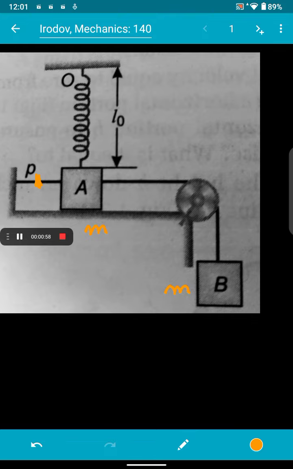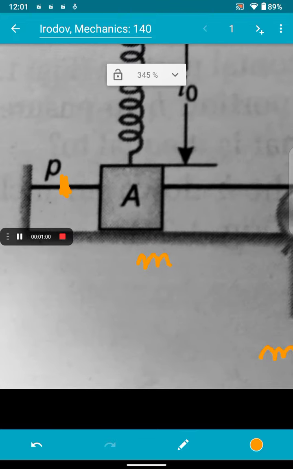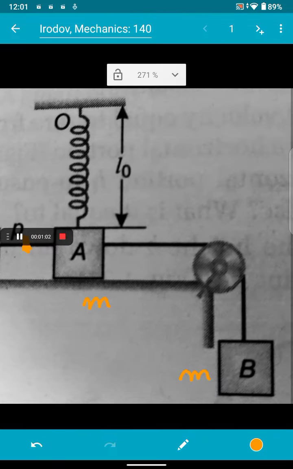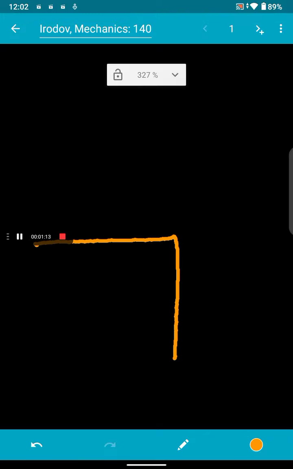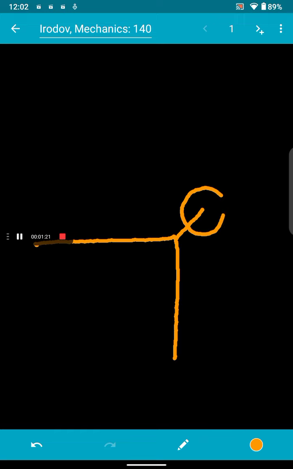We have to calculate the velocity when this block will be lifted, so let me construct the diagram, then probably it will be more helpful. When the block A is lifted, we will have a diagram like this.